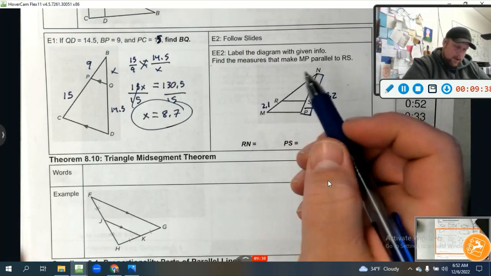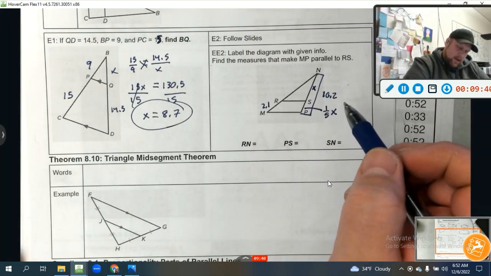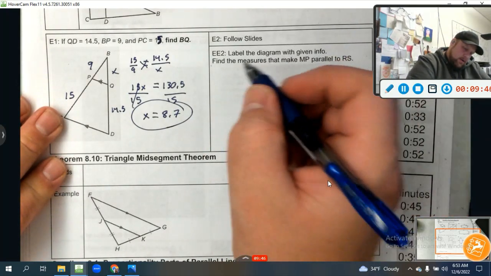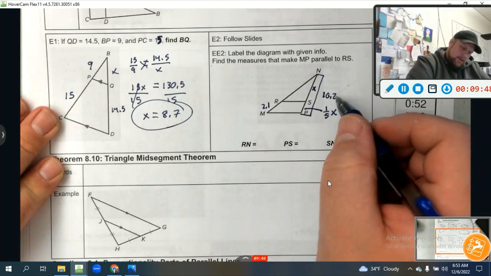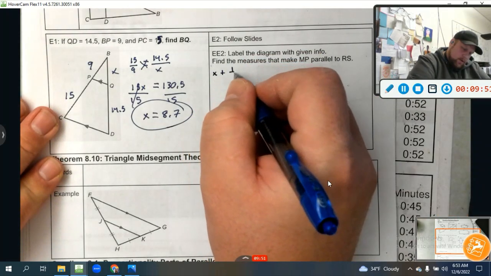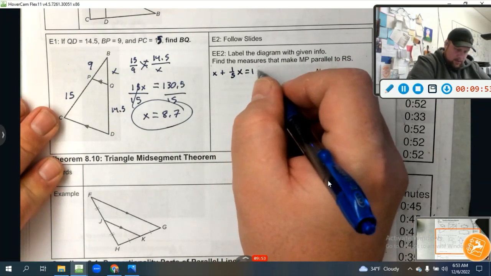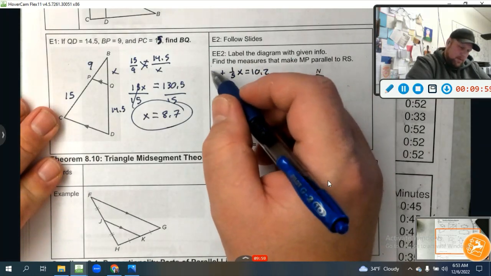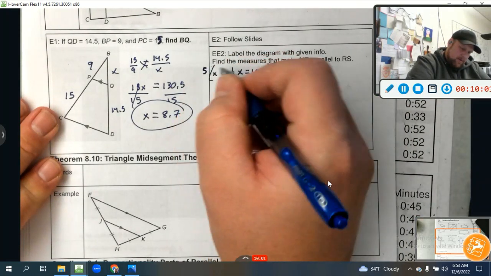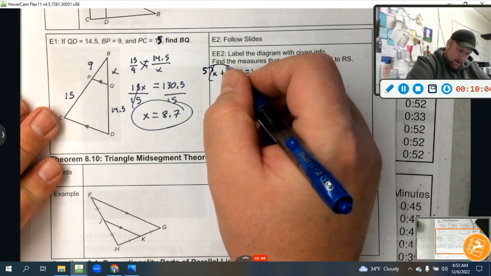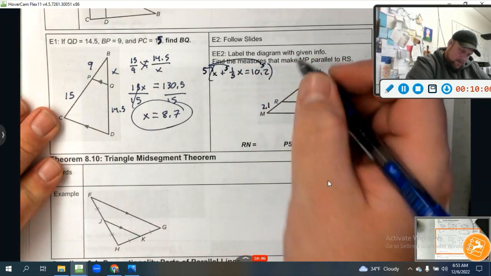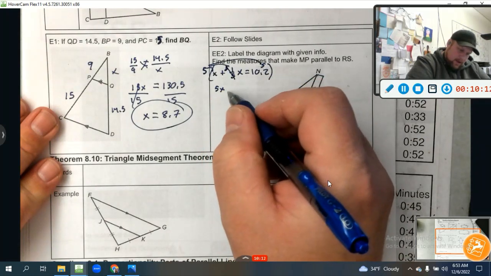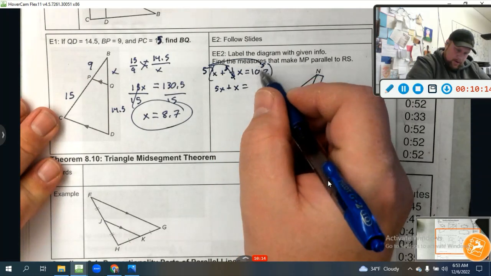You can see how I labeled it. So if this is X, this is 1/5 X. There's a couple things I have to do. If I know that these two add up to 10.2, I can say X plus 1/5 X equals 10.2. I don't like fractions, so get rid of them: just multiply by the denominator. Multiply everything by 5. So 5 times X is 5X, 5 times a fifth cancels out, leaving plus X, and 5 times 10.2 is 51.